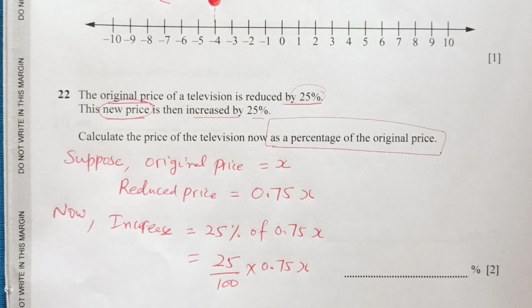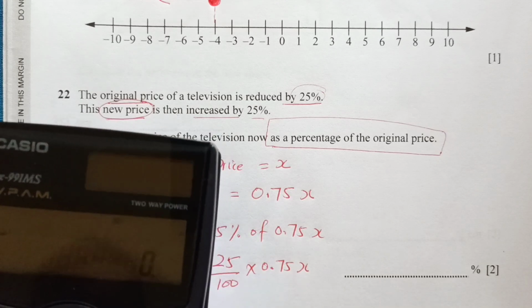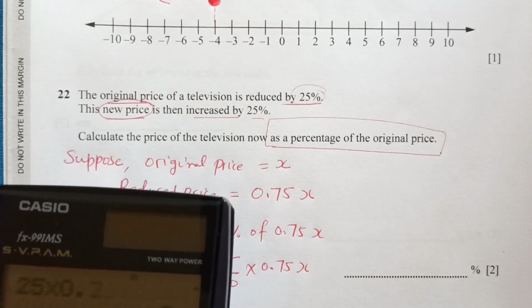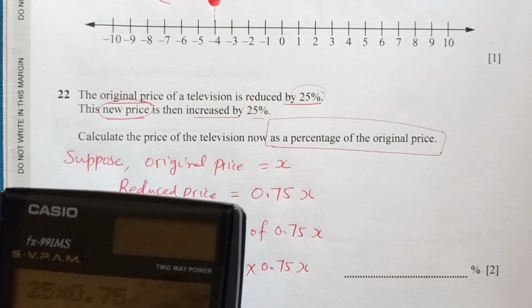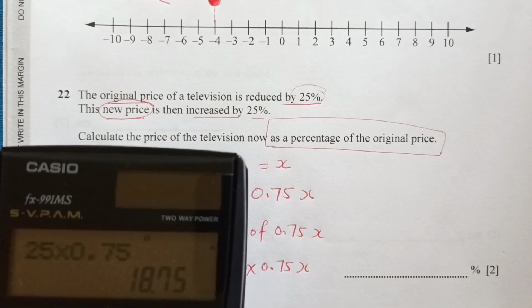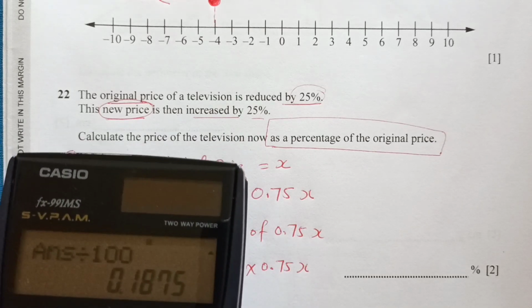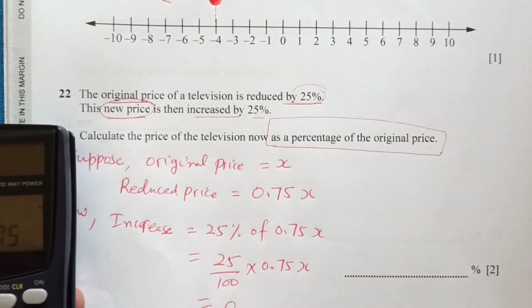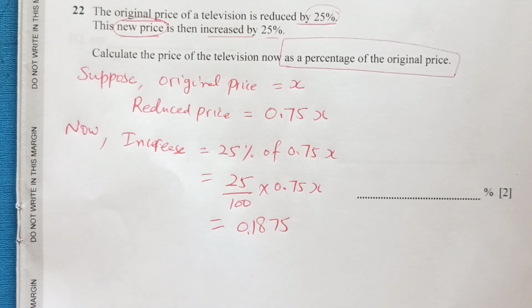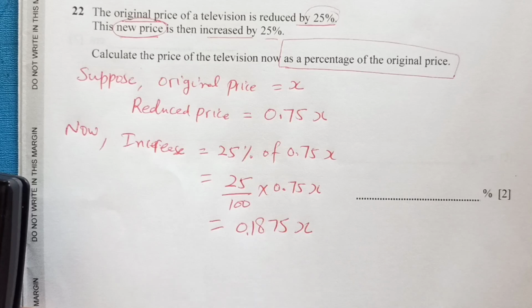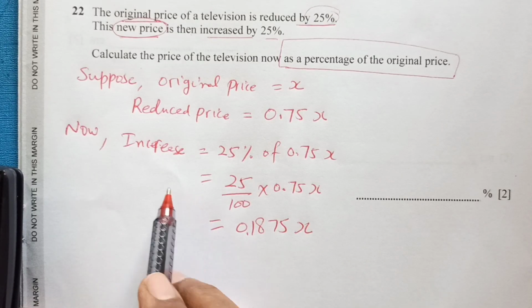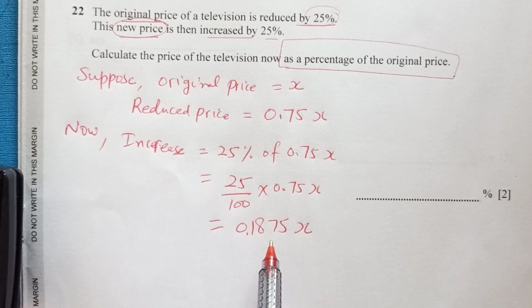When you calculate this, 25 times 0.75 is 18.75, divided by 100, so this is 0.1875x. Okay, so this is the increase in price.